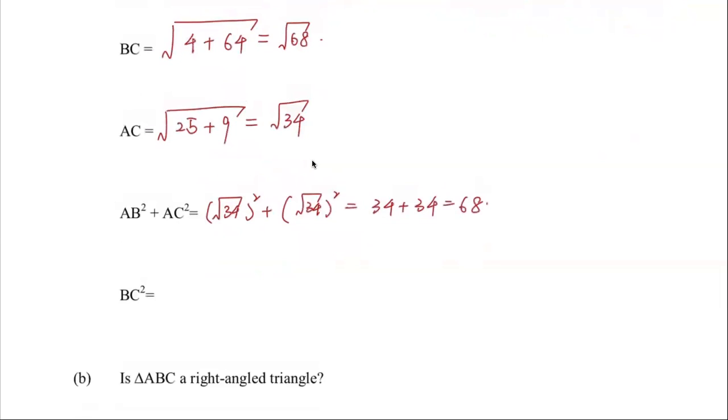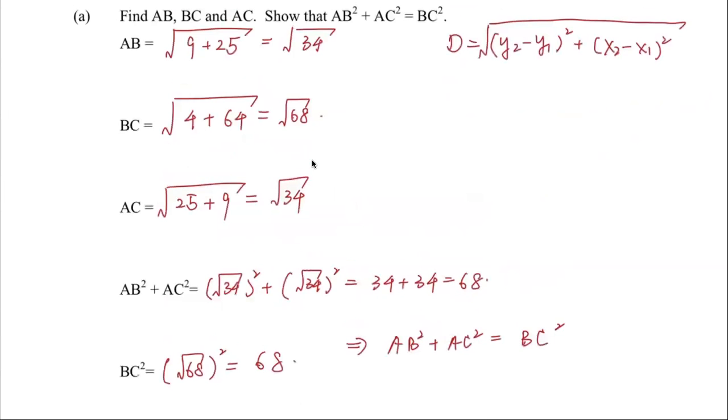BC squared is equal to the square root of 68 squared, which is equal to 68. So now we can show that AB squared plus AC squared is equal to BC squared.